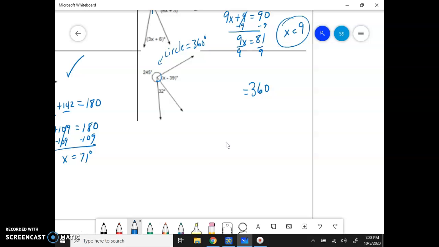So when I do that, now I just have a multi-step equation that I can solve for x.